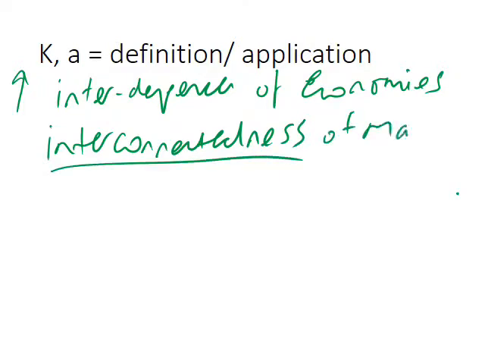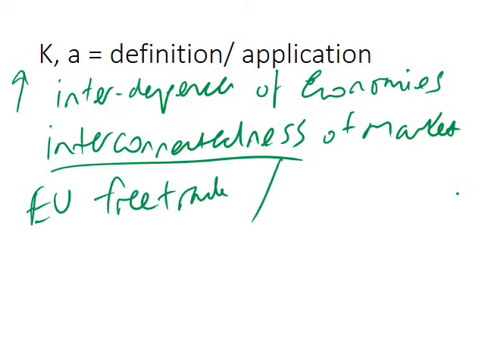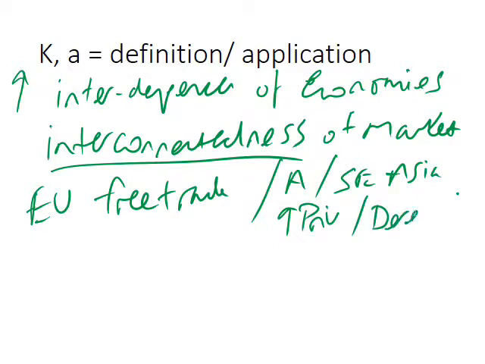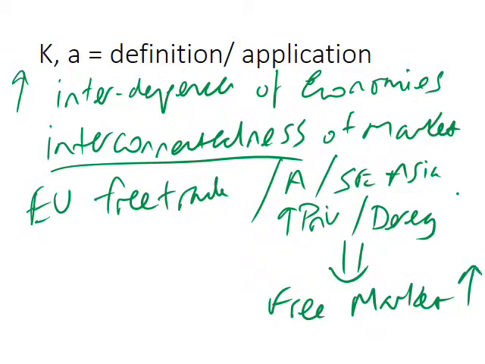In terms of our examples of developing and developed economies, we could give examples of things like the EU in terms of free trade areas. We could look at Africa or Southeast Asia as examples of increasing privatization and deregulation of markets in terms of increasing free market economies.